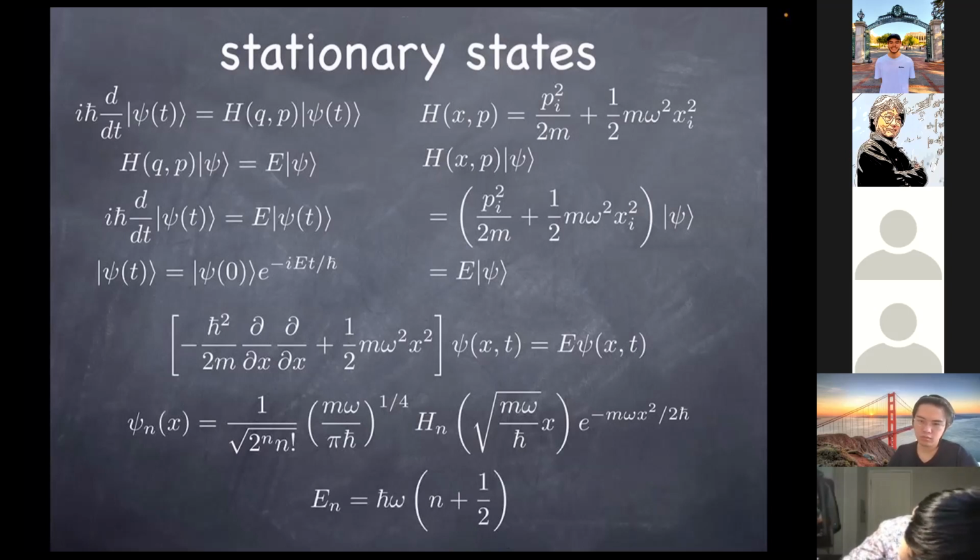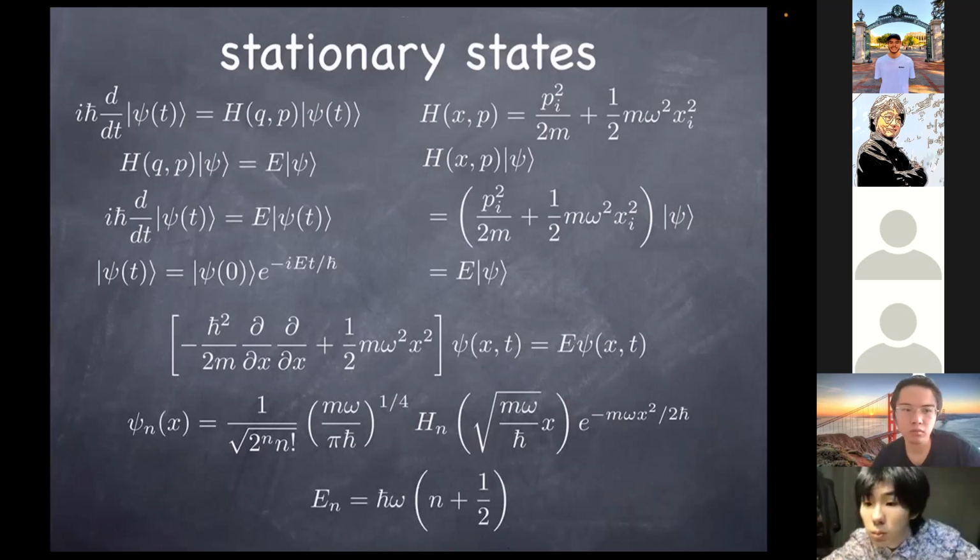Namely, once you take the absolute square of psi of x and integrate over x, that should converge. It should give you the finite norm of the state. And that fixes this overall normalization factor in front of the Hermite polynomials. That requirement then also fixes the energy eigenvalues to be quantized in units of h bar omega. So that's something you know already from quantum mechanics class.